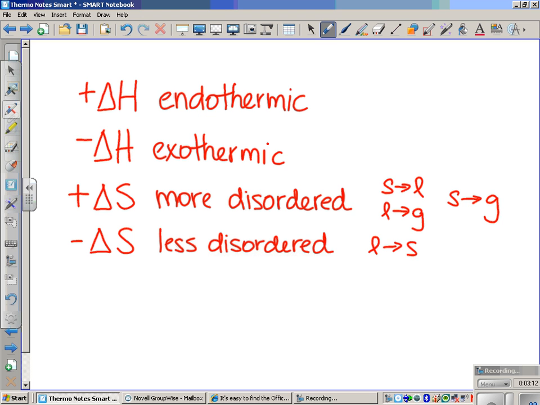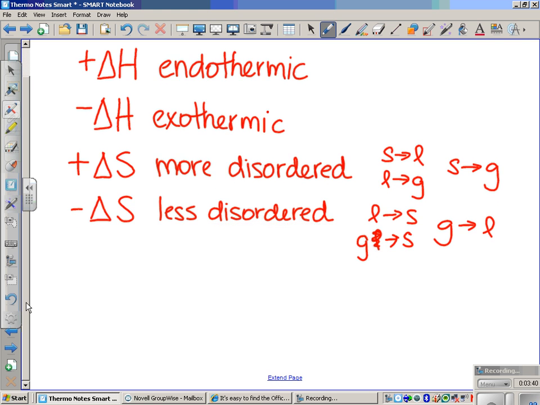So that would be liquid becoming solid, or gas becoming solid. What other combination do we have there? I knew there was one more. Gas becoming liquid. Okay, so those particles, if you think about gas particles, they're moving around like crazy. If they go to liquid, they're much more ordered in their position. If they go to solid, they're much, much more ordered. And this is true of both chemical and physical changes.